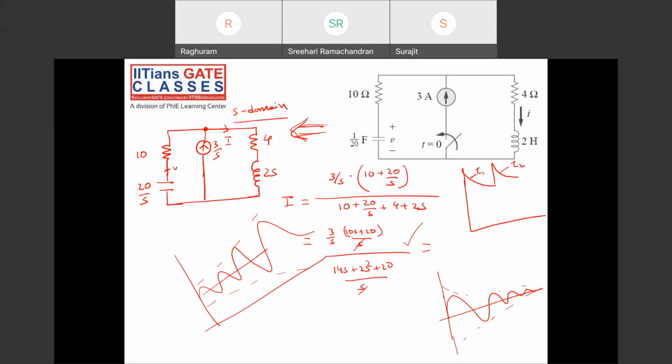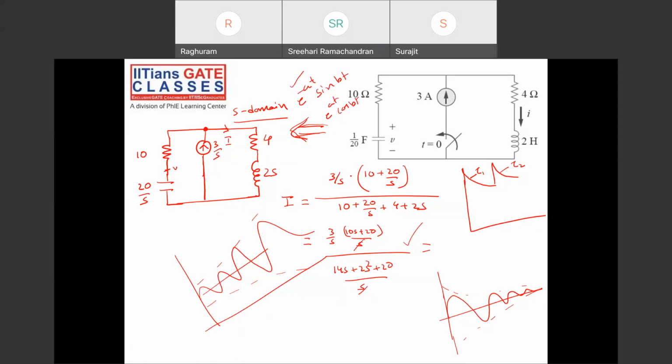These are what you get in the case of RLC circuits, and this is an RLC circuit. You'll get something like e^(at) or e^(-at) sin bt, or e^(at) cos bt: exponentially decaying or exponentially rising ones. All these are possible.